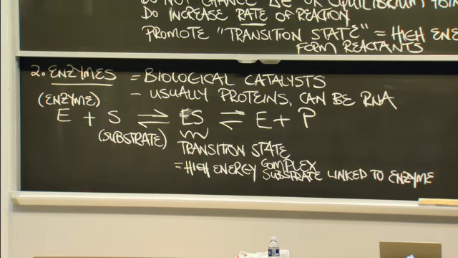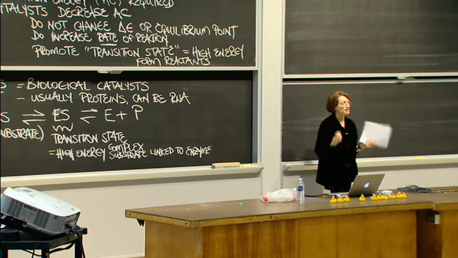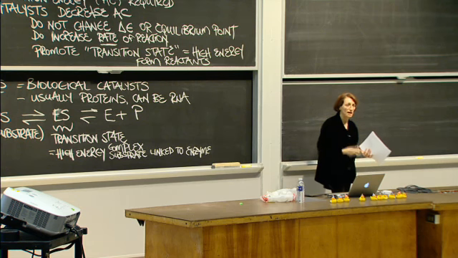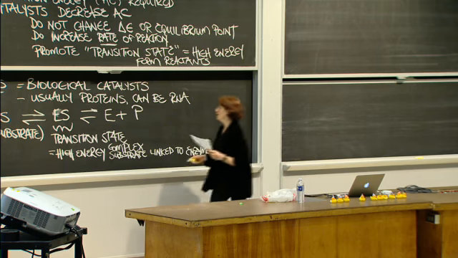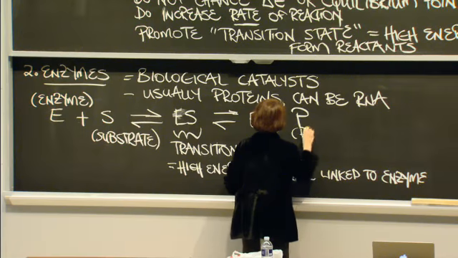This transition state complex then resolves to release the enzyme, which can be used again. As in the case of all catalysts, they can be reused to give rise to the enzyme and the product.